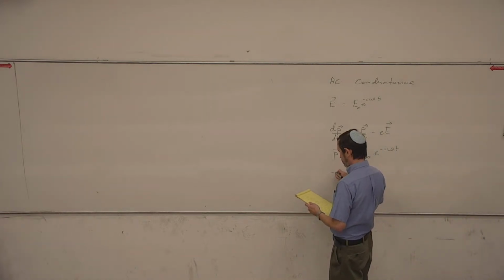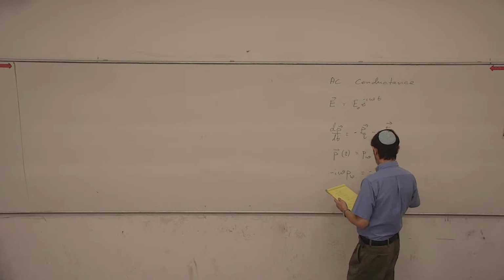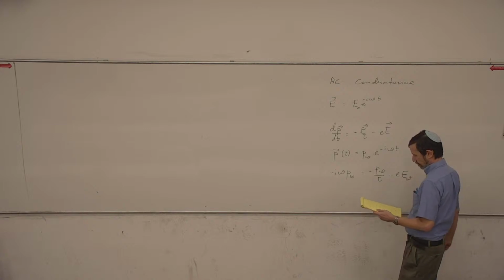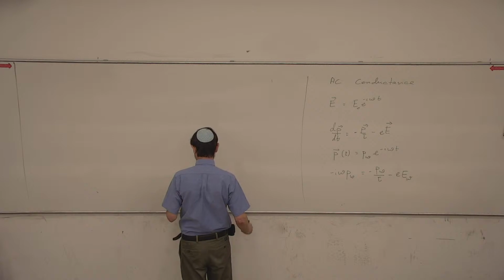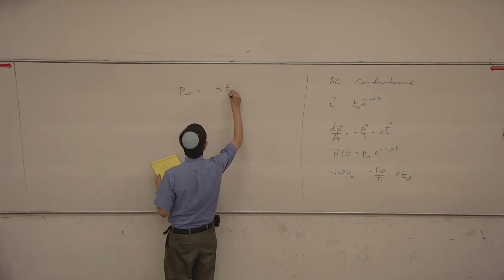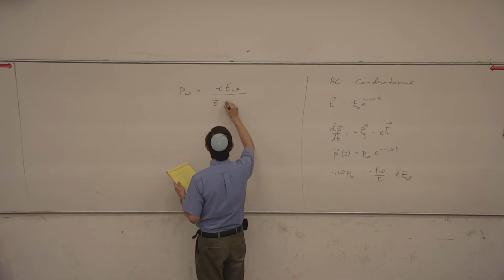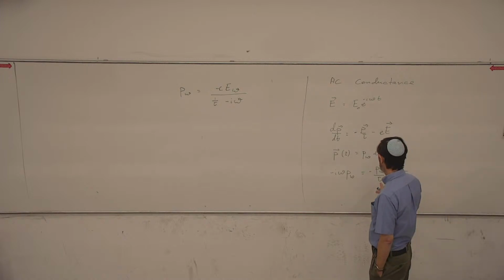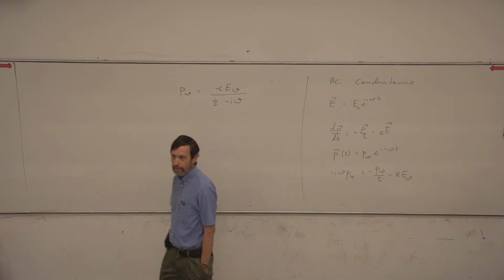So I'm putting it here. Okay, I just moved it from the right hand to the left hand and divided by 1 over tau minus i omega.